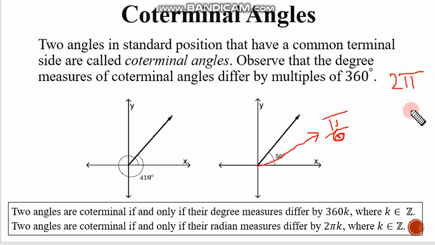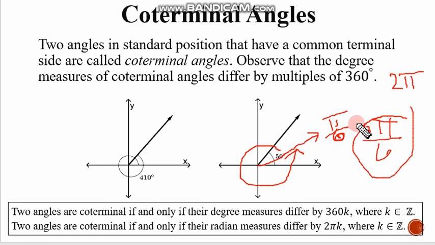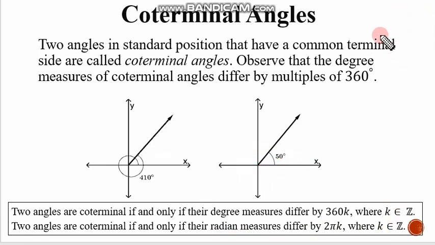For this example, pi over 6 plus 2 pi is equal to 13 pi over 6. So this is a coterminal angle of pi over 6. Two angles are coterminal if and only if their radian measures differ by 2 pi times k, where k is an element of the integers. It's important that we understand the topic of coterminal angles because it is very useful in our later discussion.